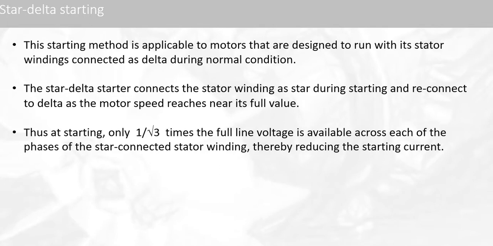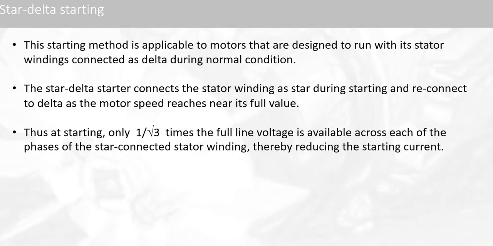The star delta starter connects the stator winding in star connection during starting, and it automatically reconnects to delta as the motor speed reaches its full value. In olden days we manually connected the star to delta, but nowadays an automatic star delta starter is available.